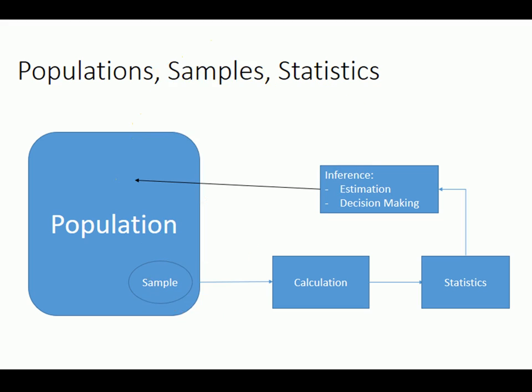Parameters are what we want to know about, but we can only estimate. And then there's decision making, which is something like, has the proportion of people who are buying iPhones increased in 2017 or not? So making a decision, yes or no, or choosing between different alternatives. Those estimation and decision making are the two tasks that we use statistics for chiefly.